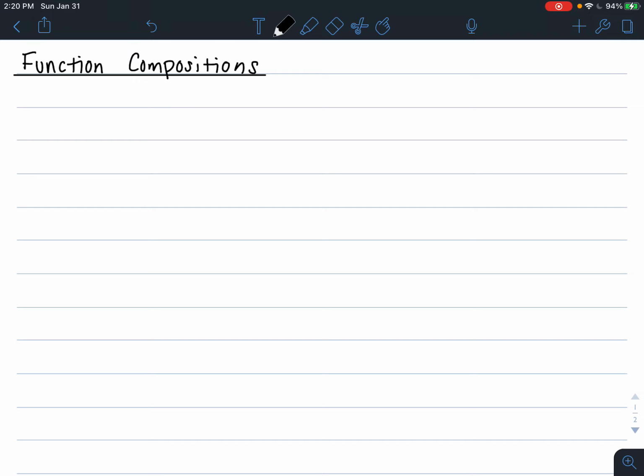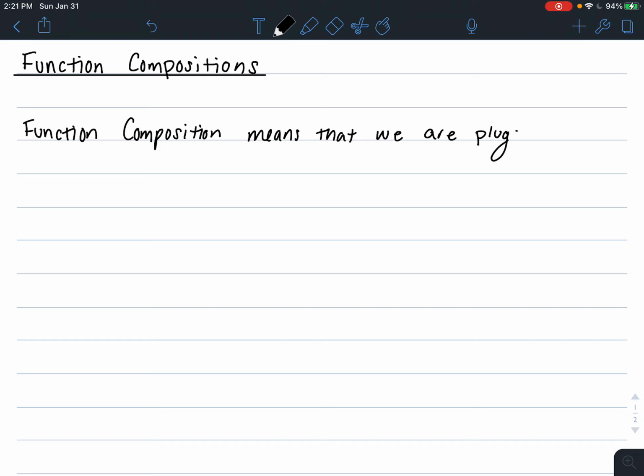Okay, so function composition, the way I like to describe it, means that we are plugging one function into another.